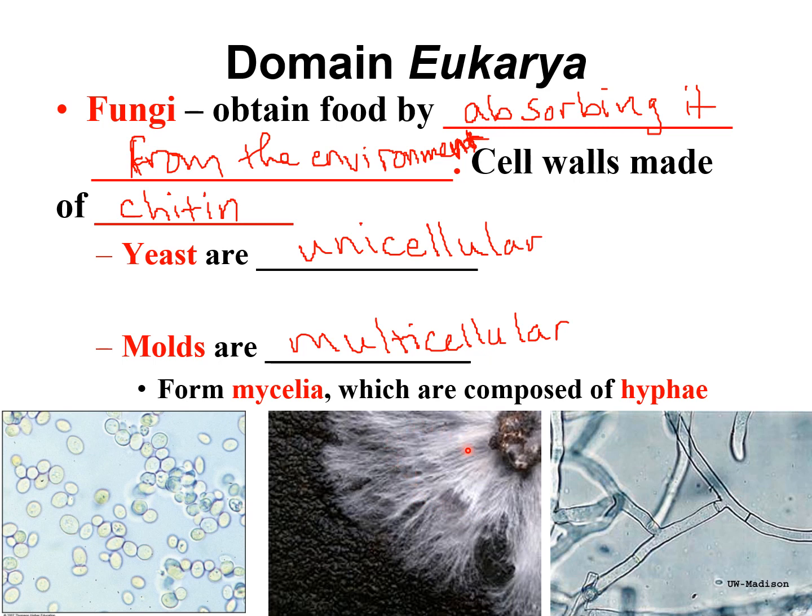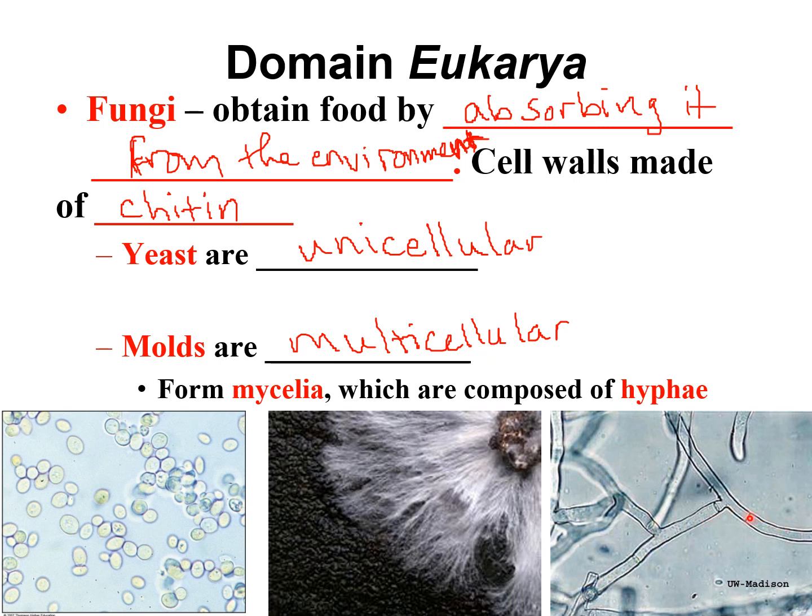And this fuzzy stuff that you see with the mold with your eyeball, that's called the mycelium. Okay. And then if you look under the microscope at the mycelium, you can actually see the individual mold cells, which are called hyphae. So these long, skinny cells are called hyphae.